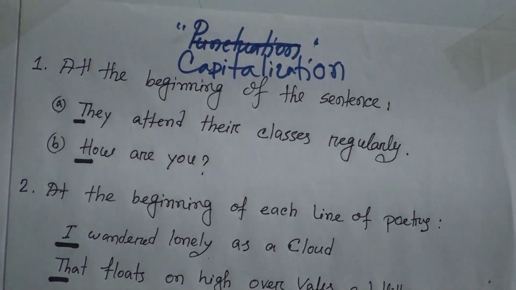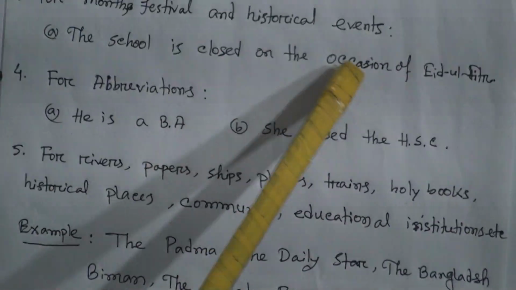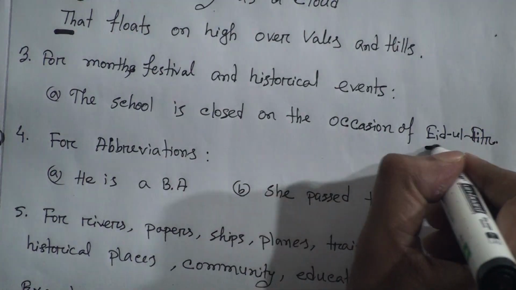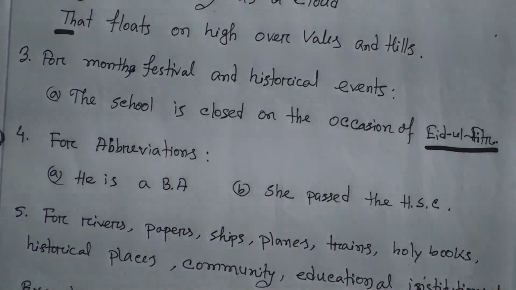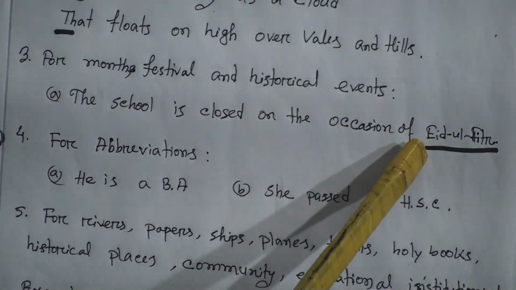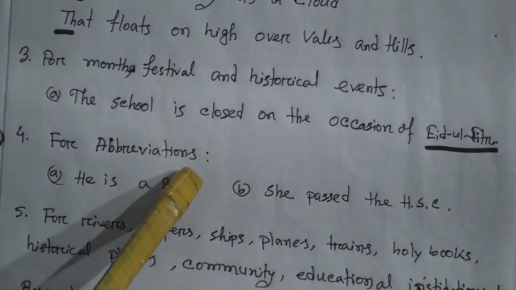Number 3, for month, festival and historical events. For example, the school is closed on the occasion of Eid-ul-Fitr. Here, Eid-ul-Fitr is an occasion, and the first letter of Eid is in the capital letter. Number 4, for abbreviations.